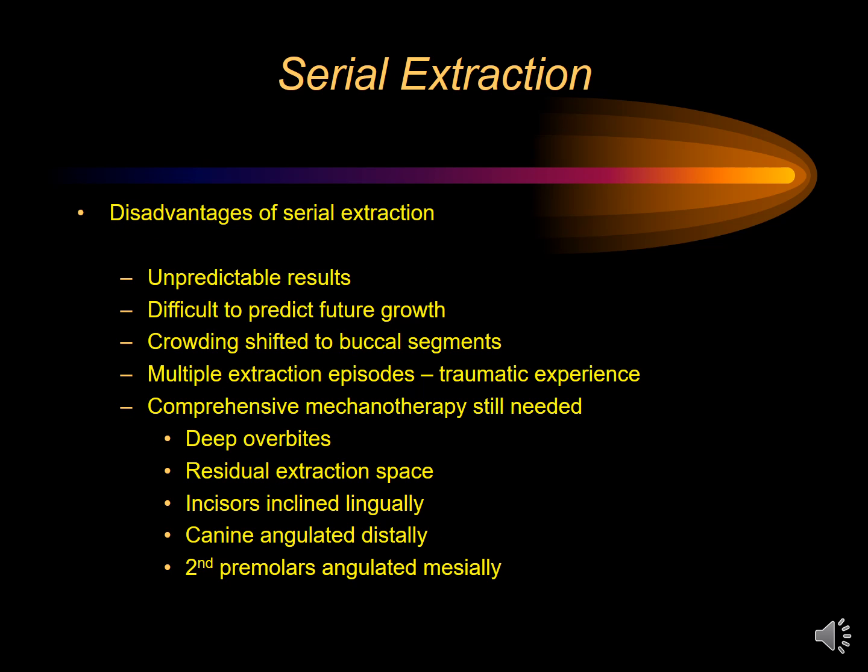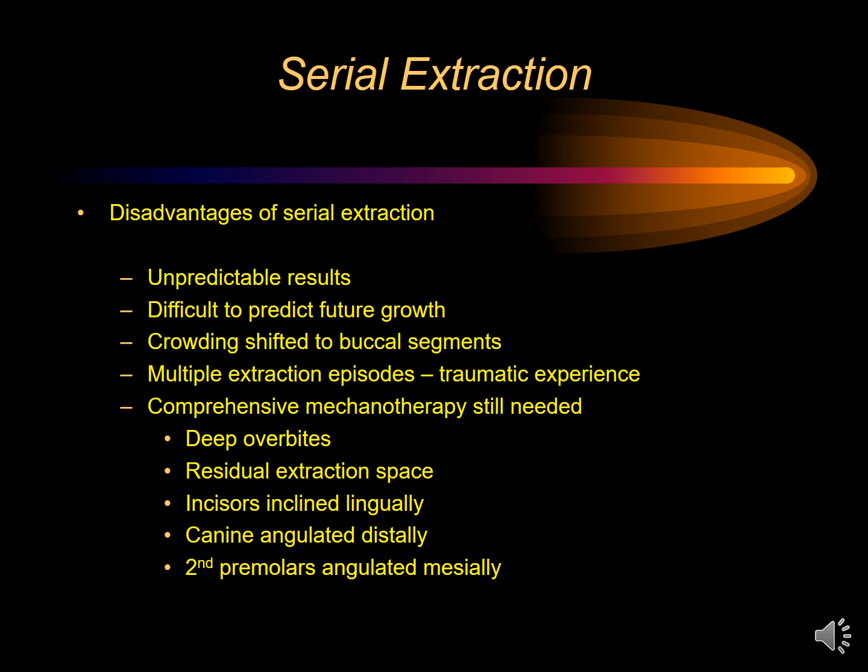Now, what are the disadvantages of serial extraction? The results are unpredictable, and it is difficult to predict future growth. Serial extractions only shift the crowding from the labial segments to the buccal segments.